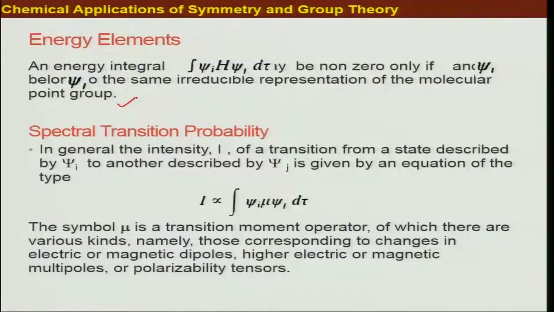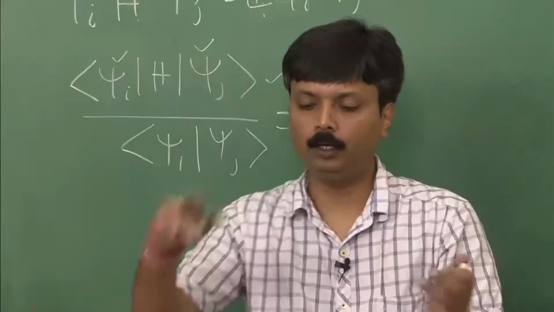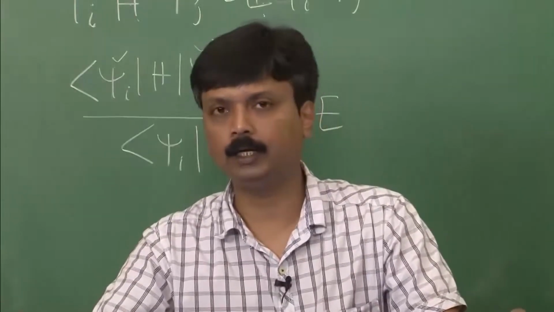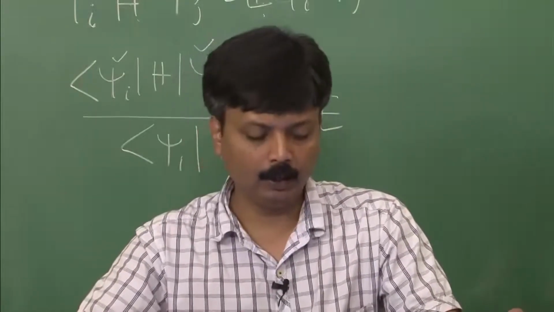Now the next important thing that we will be talking about is the spectral transition probability, and we will see how this direct product helps us in getting it. So we are already in the application part in some way. For any transition between two states, it can be an electronic state, vibrational state, or any other state.